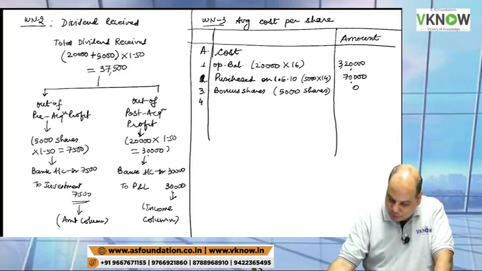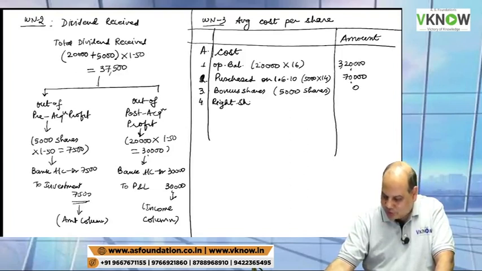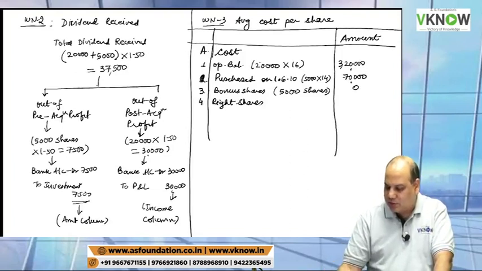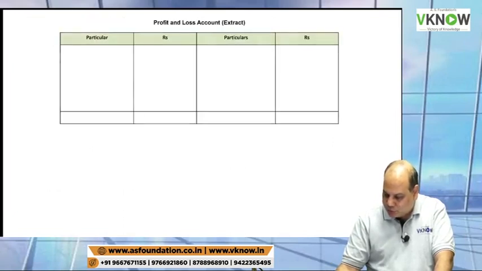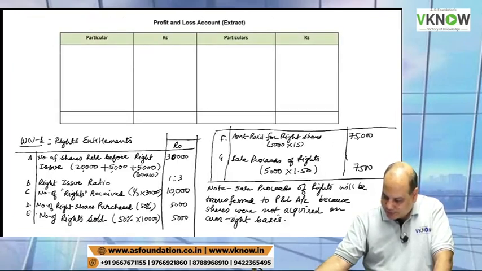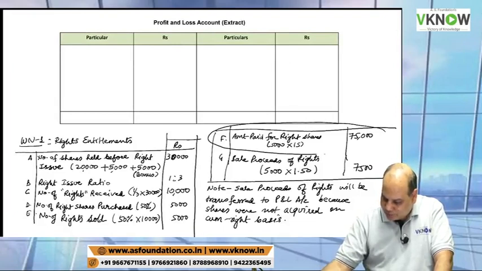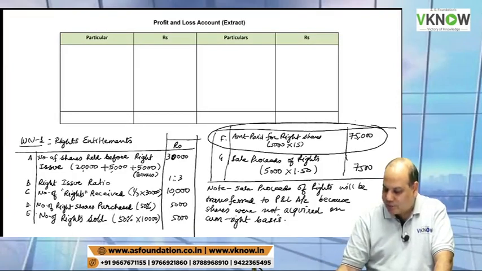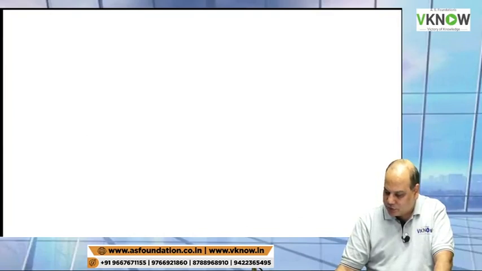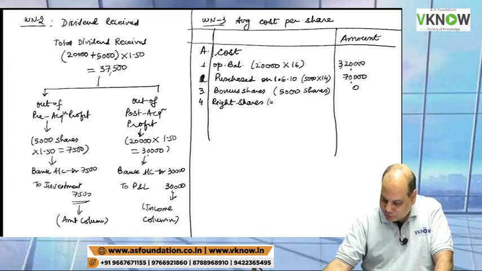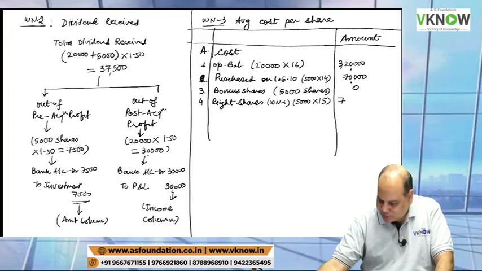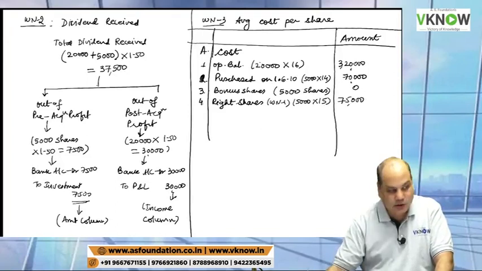Then point number 4, we also purchased right shares. If you go line by line, we have to go to working note 1. On the screen, point number F, 5,000 shares were purchased at 15, 75,000.